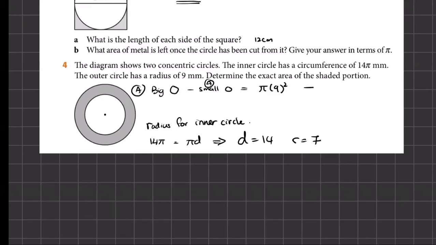So pi 7 squared. 81 pi minus 49 pi. 81 minus 49, 32 pi. Since they want exact area, then just multiply 3.142, 100.544 millimeters. Okay, so that's about it.